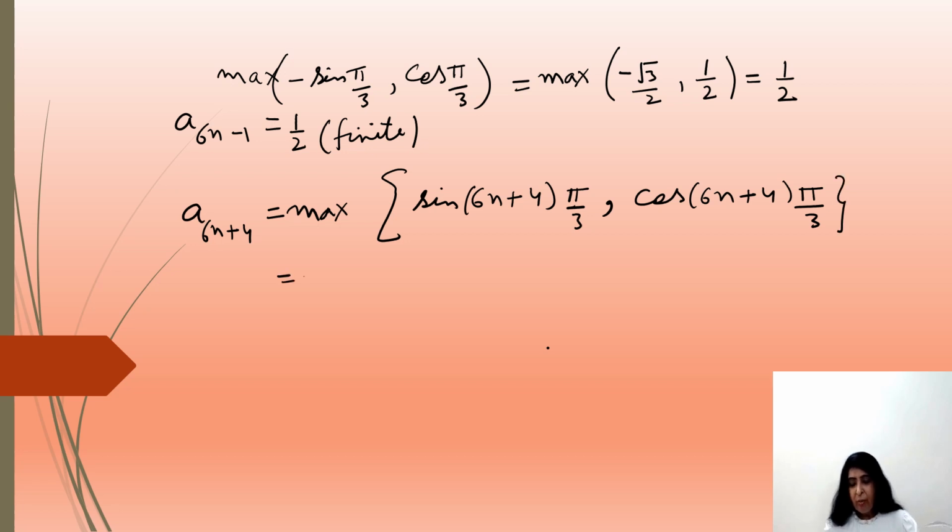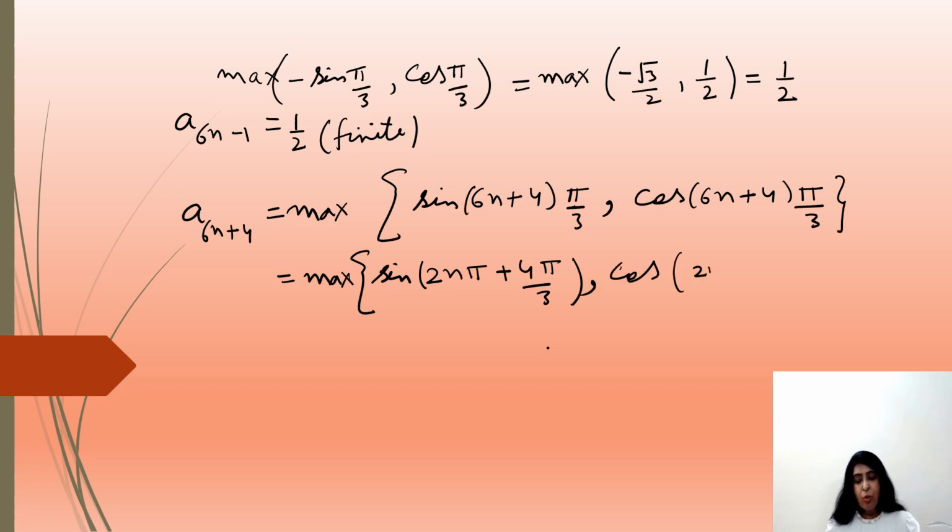So this is equal to the maximum of sine 6n pi by 3. So this will be sine 2n pi plus 4 pi by 3 and cos 2n pi plus 4 pi by 3.